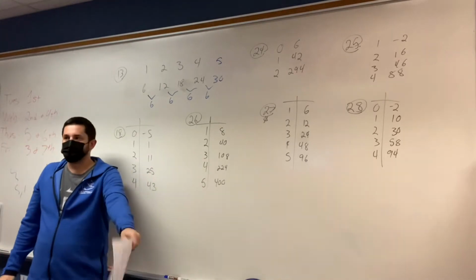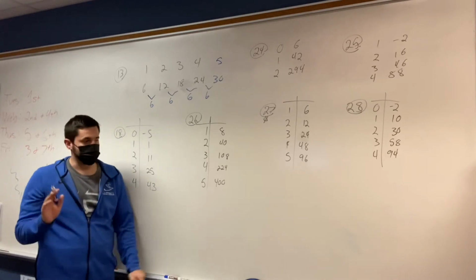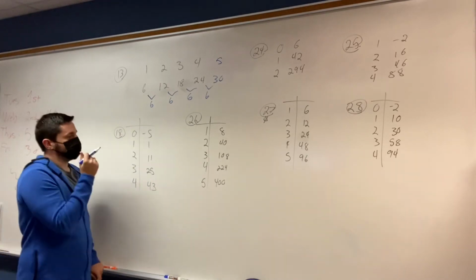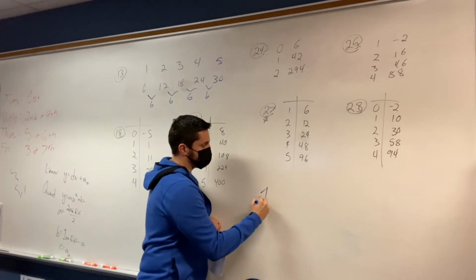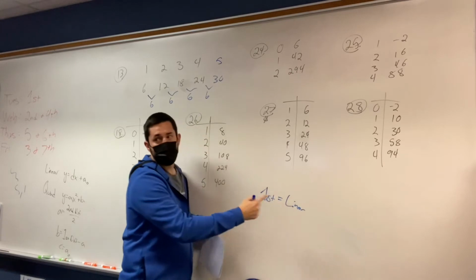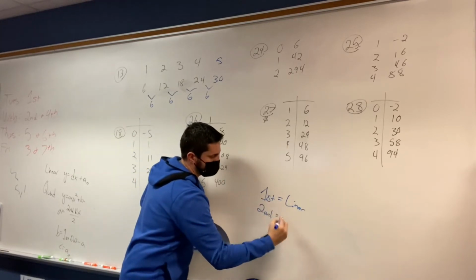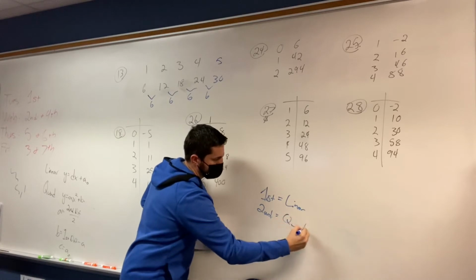Is this linear, quadratic, exponential, cubic? What is this? Linear. That's a huge thing. I'll write it down here: if it's a first layer difference, that's linear. This would be a great thing to write down for the test. Second layer difference is quadratic.